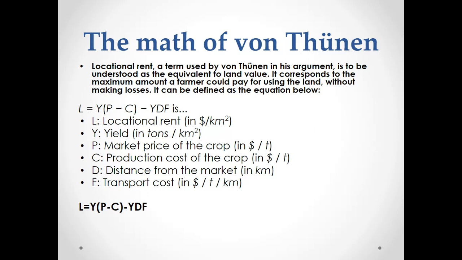So it corresponds to the maximum amount a farmer could pay for using land without making losses. Again, it's all about trying to maximize profit, and look at the different terms we have over here: locational rent, crop yield, market price for the crop, production cost, distance from market, transportation costs. So this is a way you can break down von Thunen to make more sense and to actually use it in real world terms. People actually use this too. And if you want to do this problem on your own, you can.